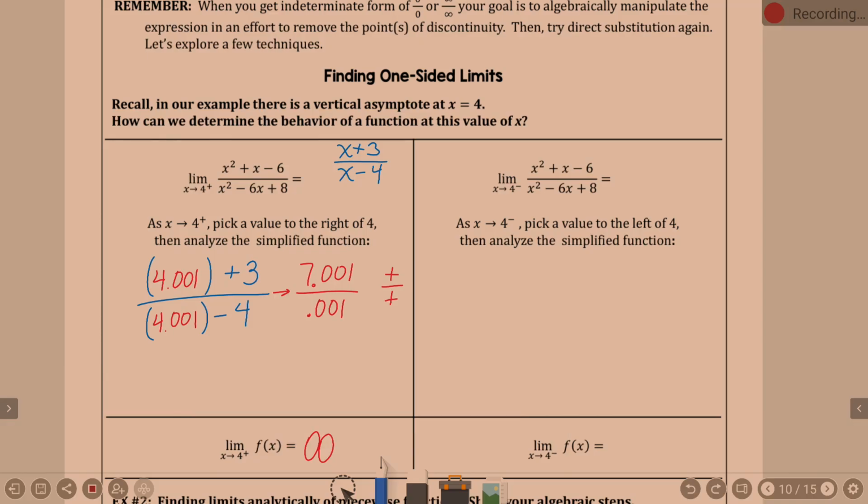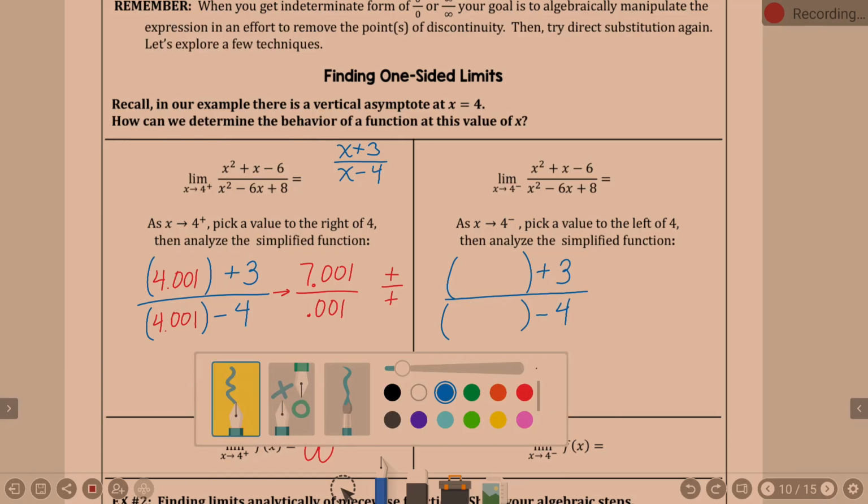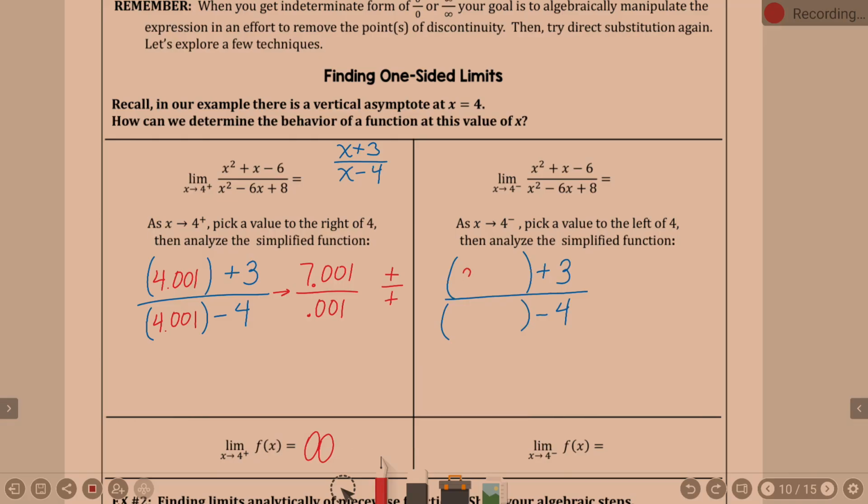So now we're approaching 4 from the left. It's still some number plus 3 and some number minus 4. So like a 3.999. So are we doing 3 nines? That is what I'm doing.